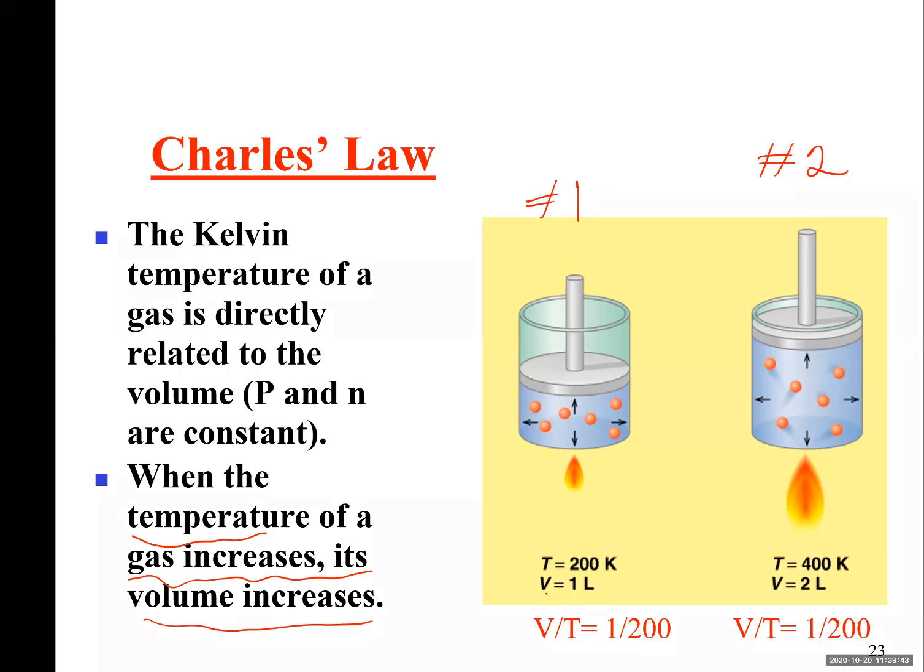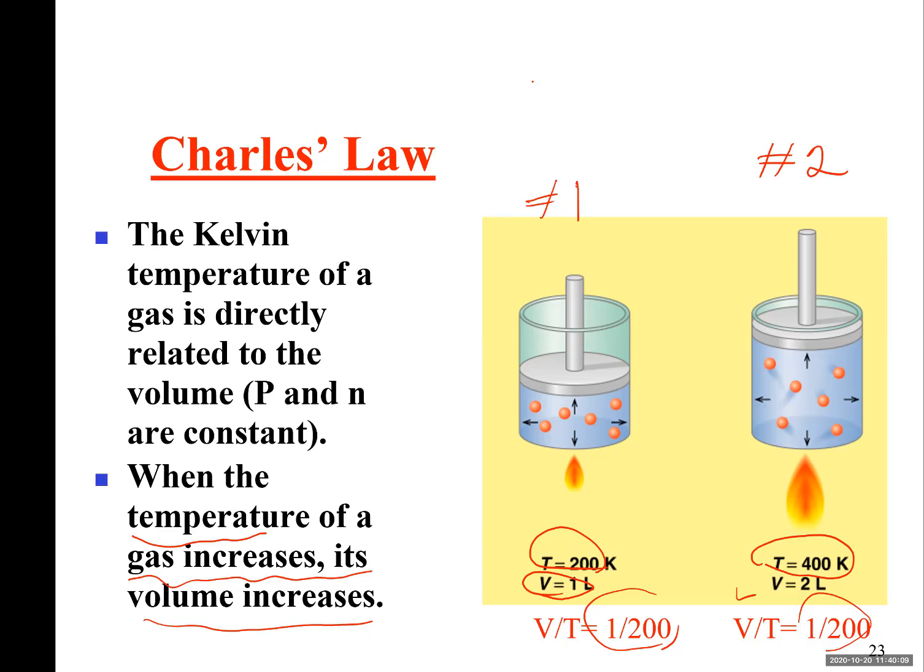The ratio of volume over absolute temperature is 1 over 200. And then in experiment number 2, we are doubling the absolute temperature. The ratio of volume over temperature remains 1 over 200. That means the ratio remains fixed.